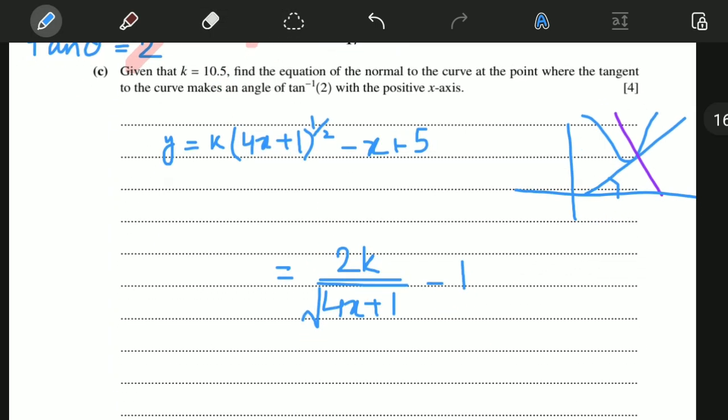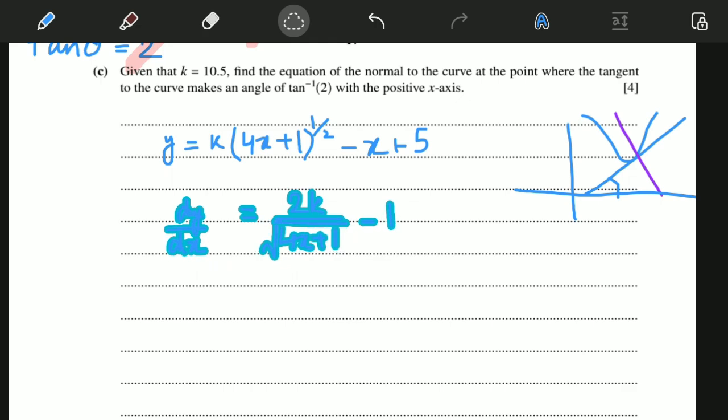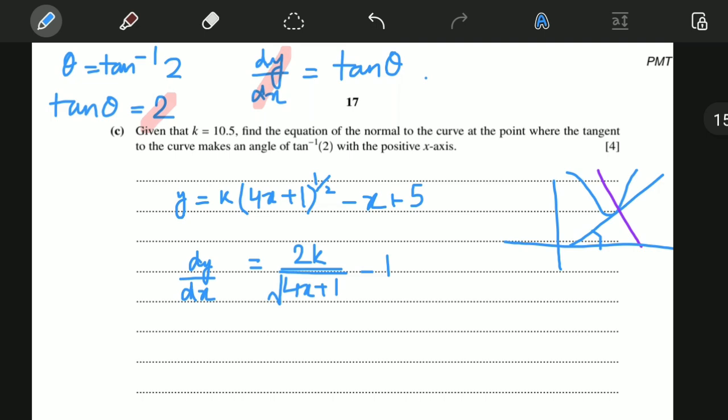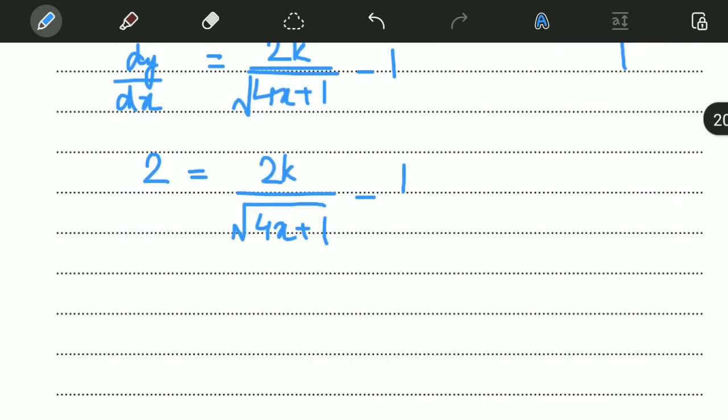Okay, so this equals 2, as we know that this equals tan theta, so 2 equals 2k over square root of 4x plus 1 minus 1.